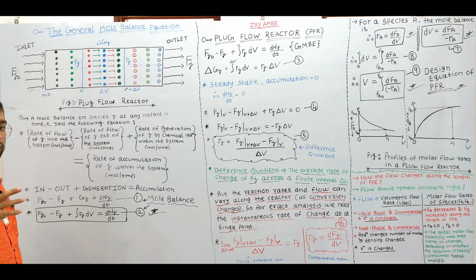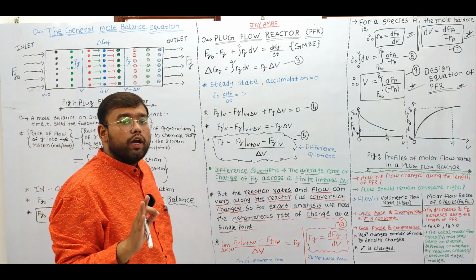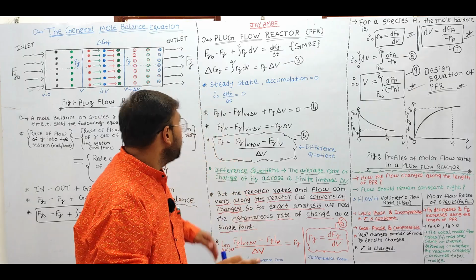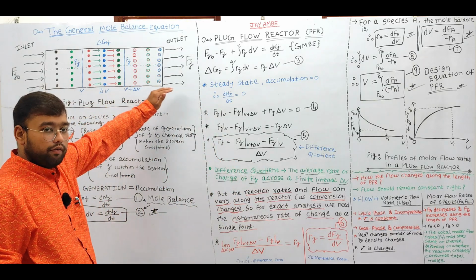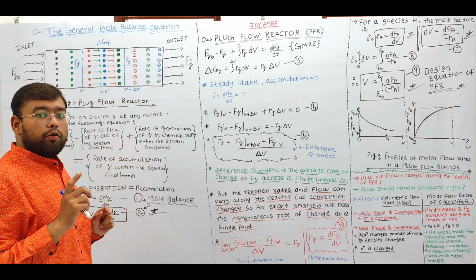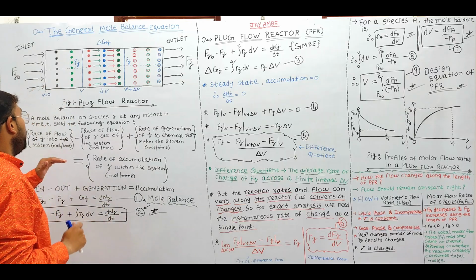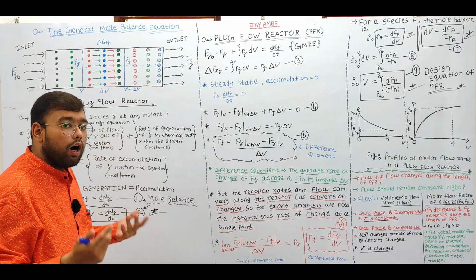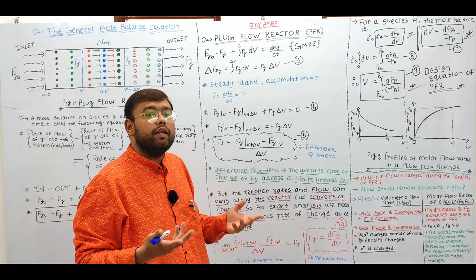So due to those reasons, the molar flow rate of reactants will decrease along the length and volume of the reactor, and the molar flow rate of product will increase along the length and volume of the reactor. How will the molar flow rate of product increase?